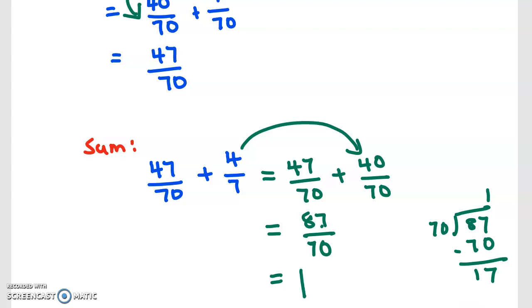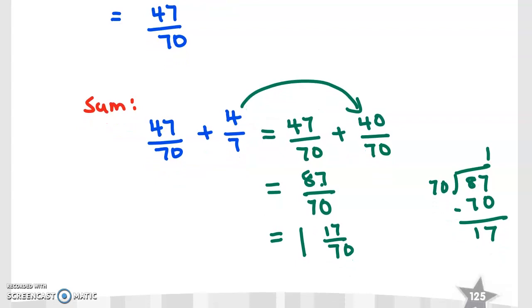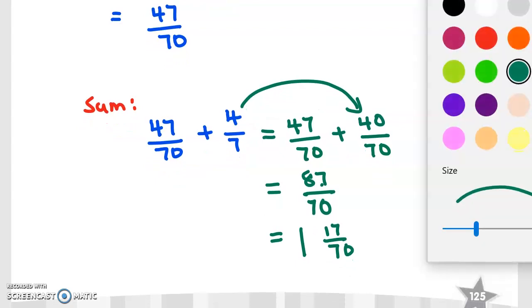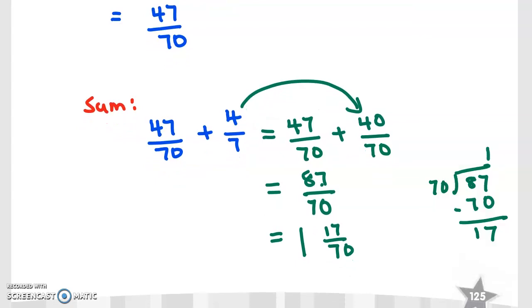So it's 1 whole 17 out of 70. So our final answer is 1 whole 17 out of 70. The sum is 1 whole 17 out of 70.